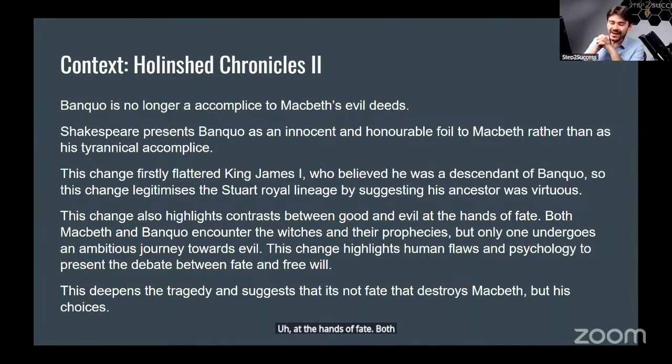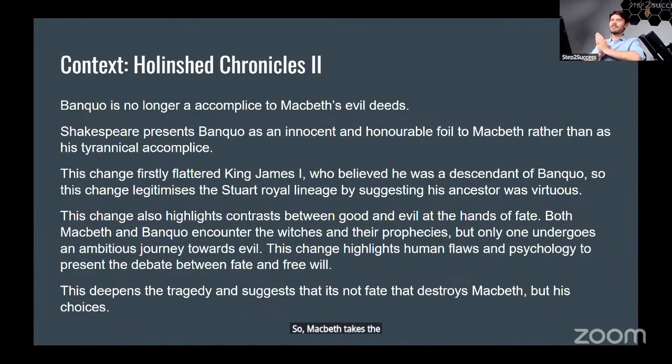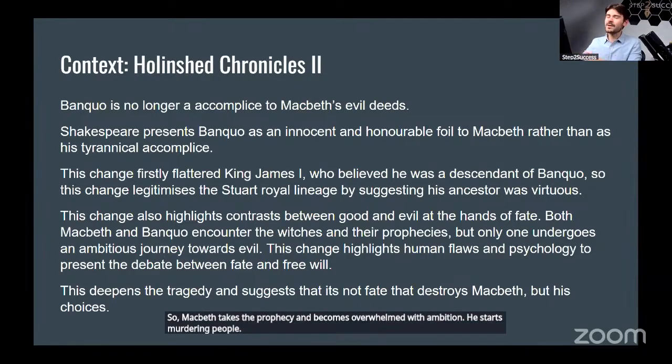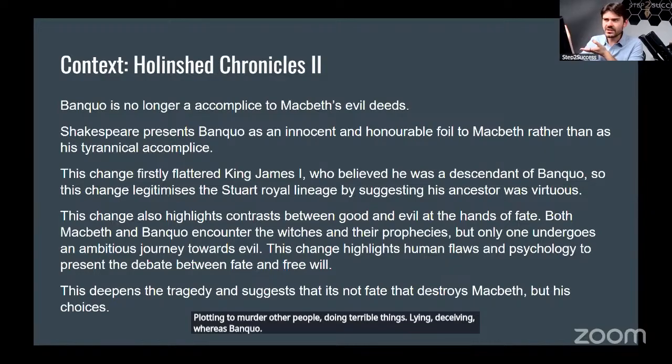Both Macbeth and Banquo encounter the witches, except the way that they deal with the prophecies that they get is very much opposite. So Macbeth takes the prophecy and becomes overwhelmed with ambition. He starts murdering people, plotting to murder other people, doing terrible things, lying, deceiving. Whereas Banquo, he also receives prophecies, but he doesn't do bad things.